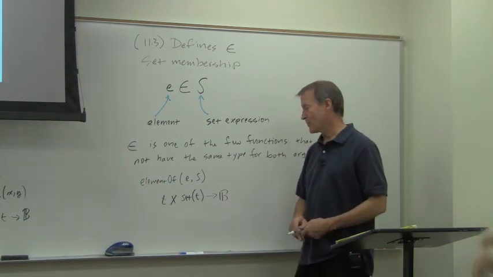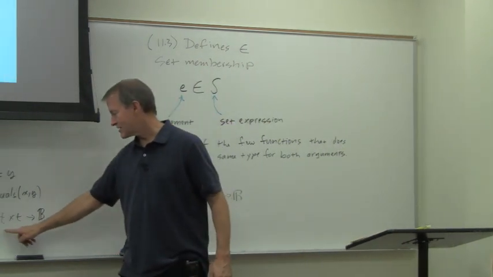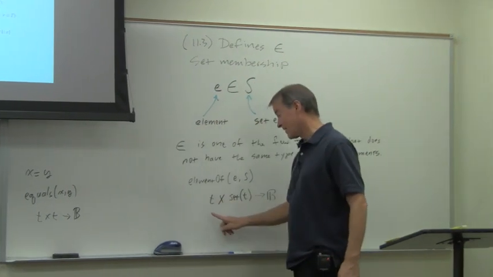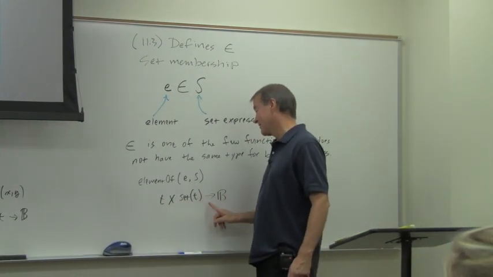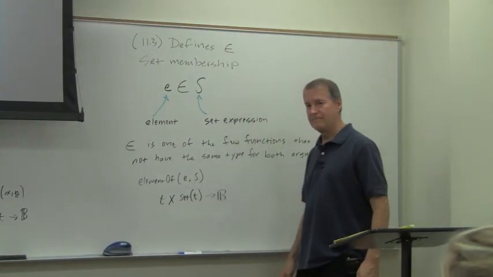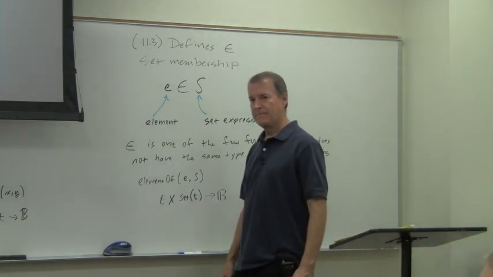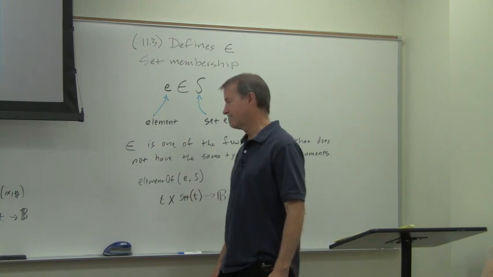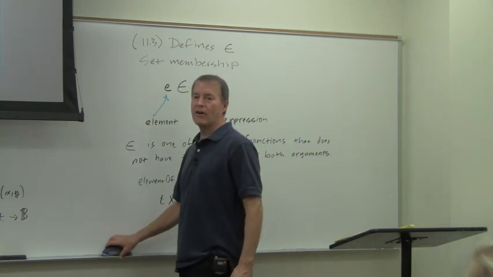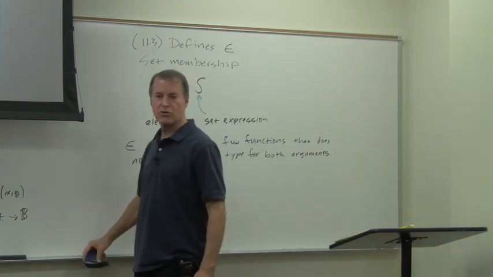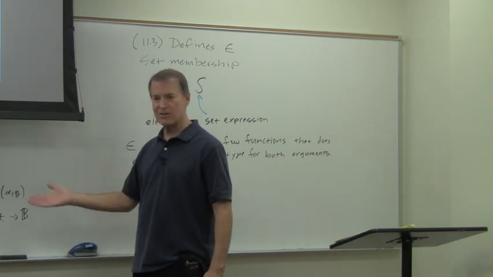Are you with me? So what's interesting is that with equals, this has to have the same type as this, but this is not. This is type T cross set T arrow Boolean. Couldn't you have an integer and a positive number or something? No, I mean, they'd be two different types. To do this in computing, you would have to typecast one of them to the other.